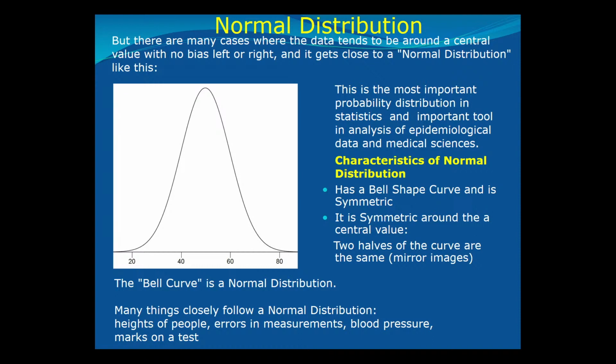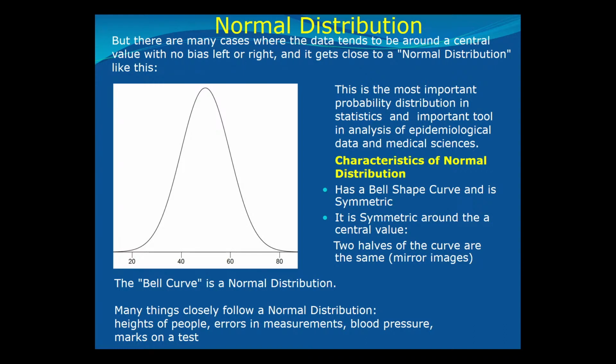On this graph, you see the normal distribution. Another name for the normal distribution is Gauss distribution, and the graph is a bell curve. All these terms are used for normal distribution.